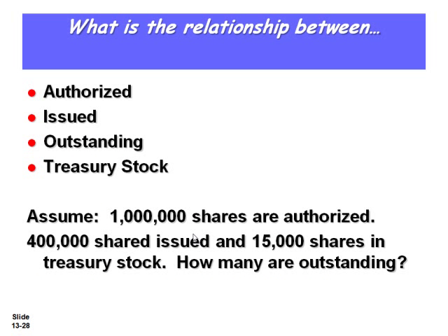Okay, let's finish up with a discussion on what are these terms: authorized, issued, outstanding, treasury stock. Let's assume 1,000,000 shares are authorized, 400,000 shares are issued, and 15,000 shares are in treasury stock. How many shares of common stock are outstanding?